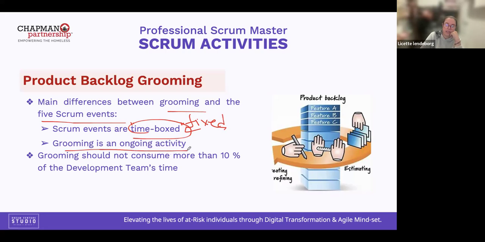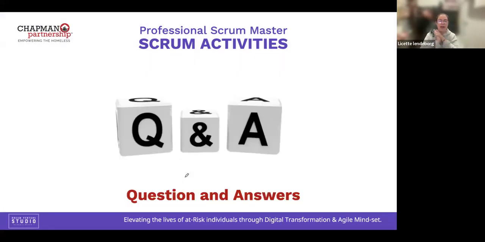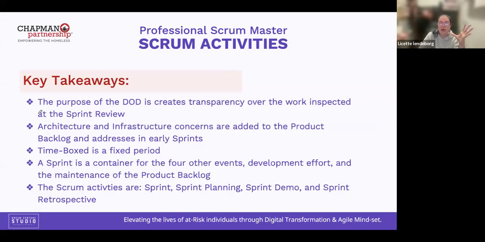Grooming is an ongoing activity, so it's not time boxed. Grooming should not consume more than 10% of the development team's time. And this is the end of the Scrum activities. Key takeaways. The purpose of the DoD, the definition of done, is to create transparency.